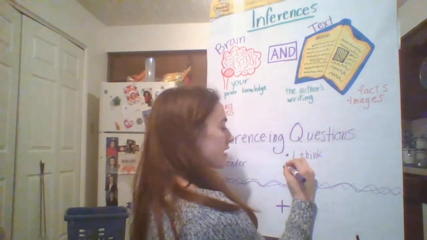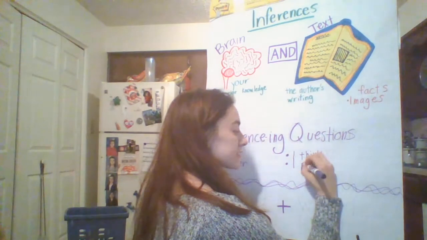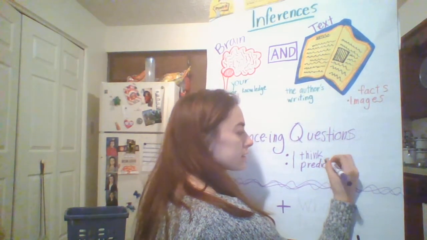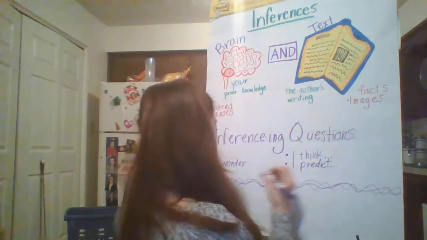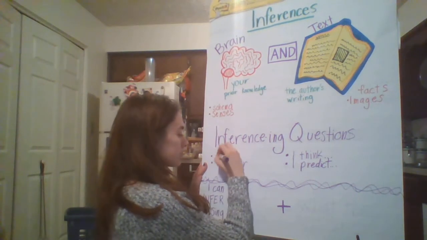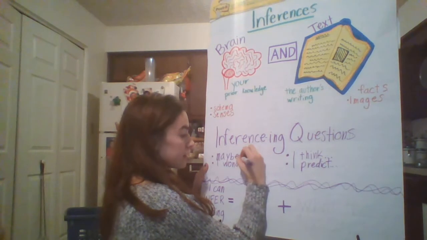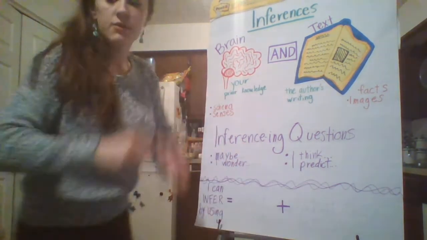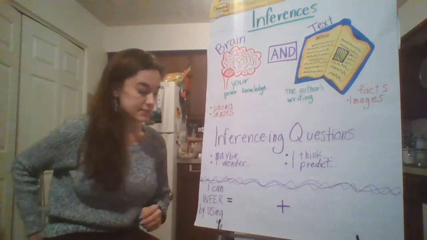All right, so we have I think, I wonder, I predict. So you can go from one page and say, I think that he's going to wake up since he's already laying in bed. Or you can say, well, maybe this will happen because this happened on the last page. And whenever you use those kinds of words, that's when you're making inferences about the text.